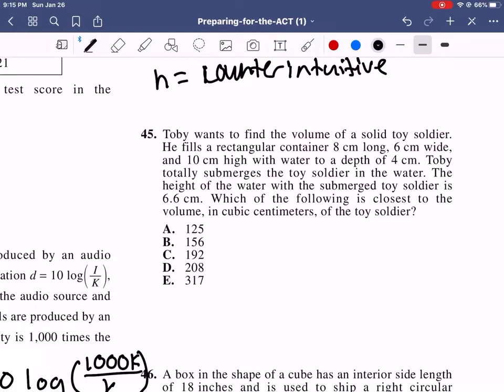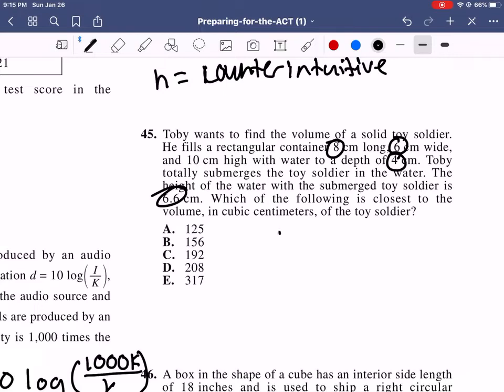Toby wants to find the volume of a solid toy soldier. He fills a rectangular container 8 centimeters long, 6 centimeters wide, and 10 centimeters high, but he only fills it up to 4 centimeters. So after submerging the toy soldier, the water is at 6.6.